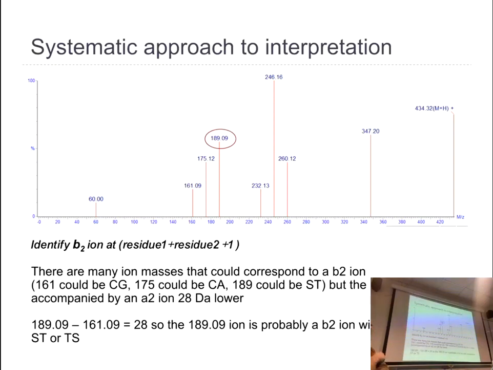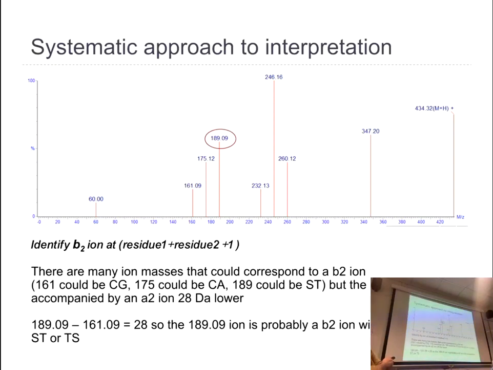But again, this is where the constraints come in. What else did we say? We said that B ions usually have an A2 ion 28 Daltons lower. If you look at the difference between this peak and this peak, it happens to be 28. So this gives you another hint that this is probably a B2 ion, A2 ion pair.